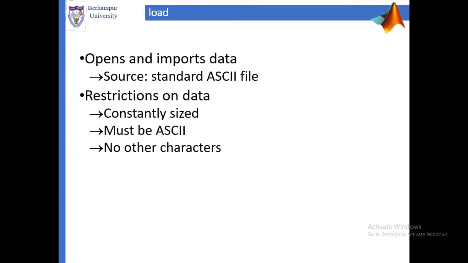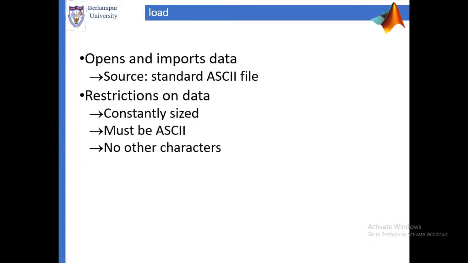Then there is the level of difficulty in importing the data. To do that, the simplest command is the load command. If I use the load command, I can load data from a given source, right? So the load command opens and imports data. Now the source of this data must be a standard ASCII file.